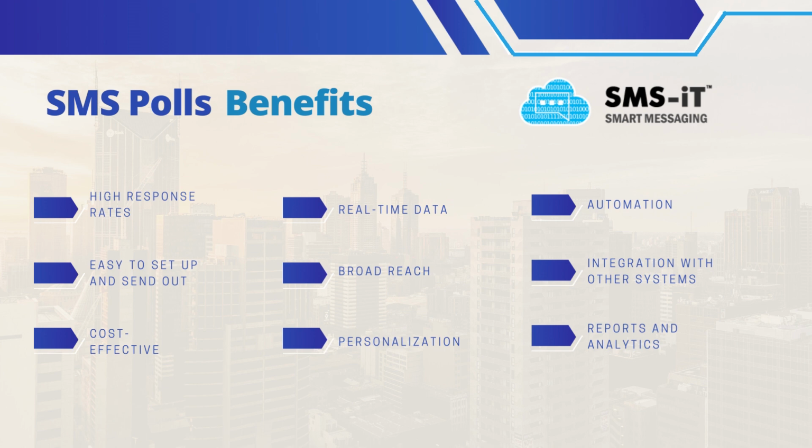SMS-iT can be integrated with other systems such as CRM, allowing businesses to gather customer feedback and store it in one location. Then we have reports and analytics. SMS-iT provides detailed reports and analytics on the results of SMS polls, which can be used to analyze customer feedback and make business decisions.